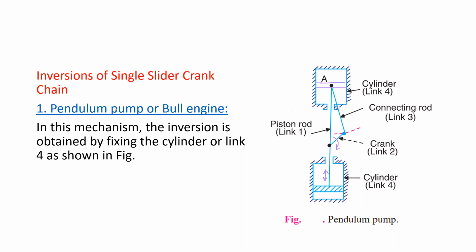Okay, so this is one inversion, and this inversion is the same as your IC engine. IC engine is another example of the first inversion of the single slider crank chain. What is done there in an IC engine? Depending on application, we have given different shapes and sizes to the different links. Otherwise the overall motion is the same in an IC engine.